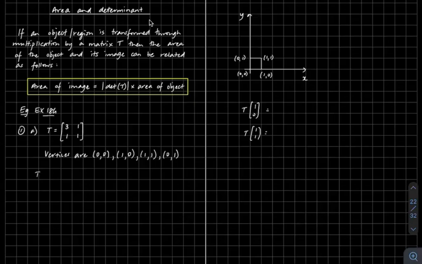To find the image points of each of those, I'm going to take the matrix T, 3, 1, 1, 1, and put all the vertices into a single matrix. I don't really need to do 0, 0 because that doesn't get transformed at all, but I'll put it in there anyway. So there are the 4 coordinate points represented there.